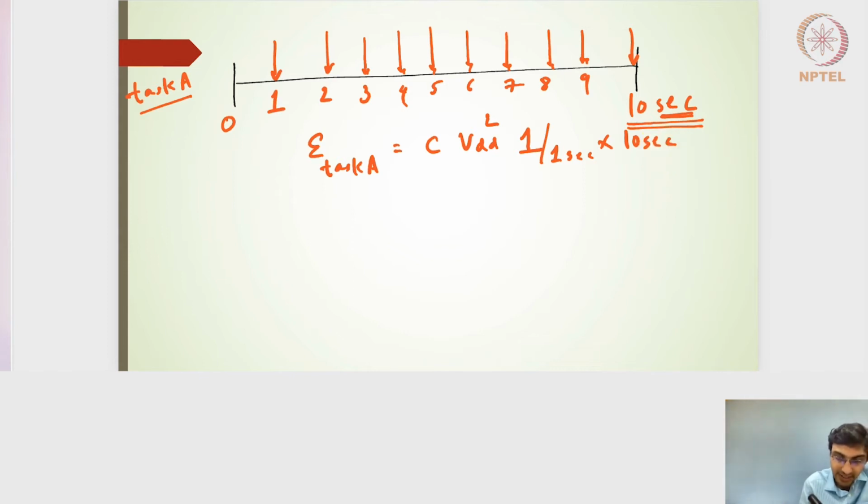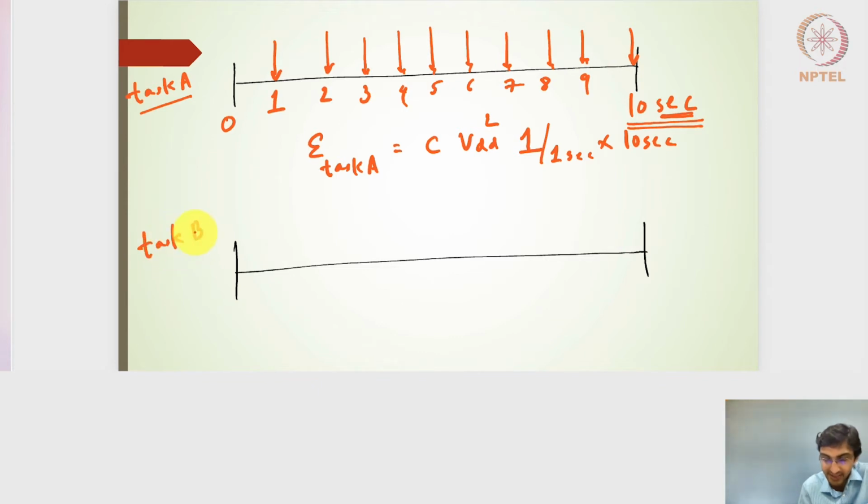Now let's say that for task B, I have again the same 10 seconds window. But task B has 10 seconds of time duration, and it requires only 6 switchings to be done.